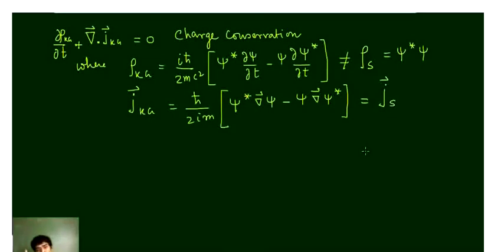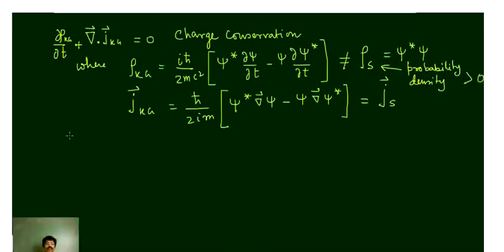Now in case of Schrodinger's equation, rho is the probability density, which is greater than 0.